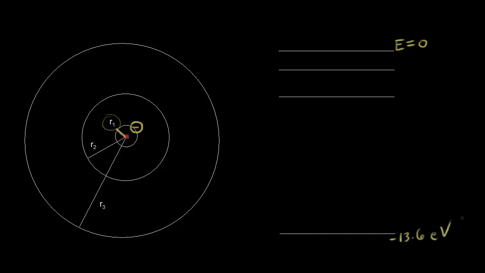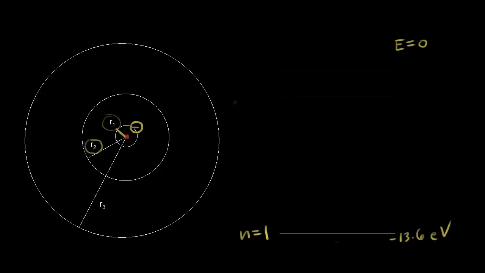So none of this is drawn perfectly to scale, but this is just to give you an idea about what's happening. So this is when n is equal to 1. The electron is at a distance r1 away from the nucleus. We're talking about the first energy level, and there's an energy of negative 13.6 electron volts associated with that electron. All right, let's say the electron was located at a distance r2 from the nucleus.